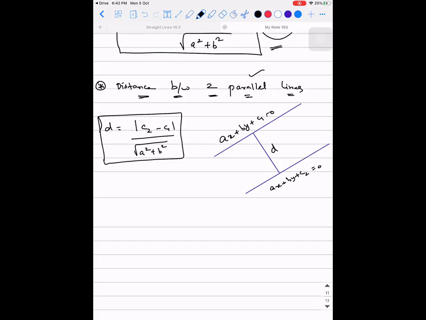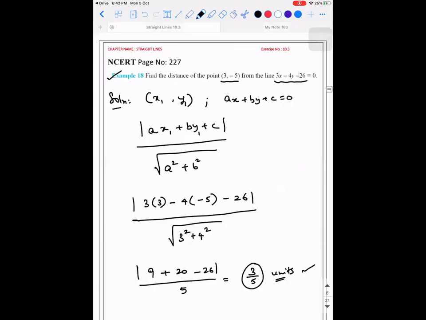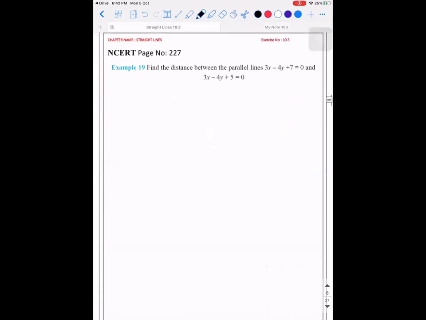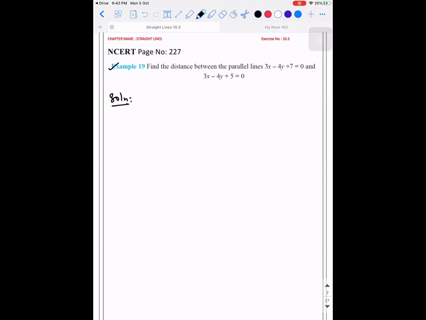Okay, so let's apply this and see. For example, the question is, find the distance between the parallel lines 3x minus 4y plus 7 is equal to 0 and 3x minus 4y plus 5 is equal to 0. What is the solution? Distance is equal to modulus of c2 minus c1. You can ask me which is c1 and which is c2, it is up to you because we are only finding the difference.